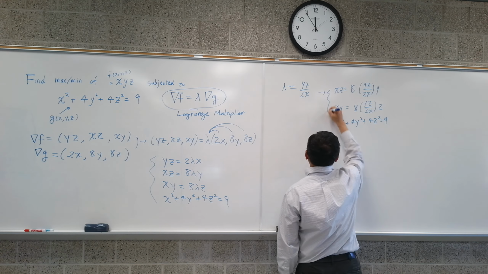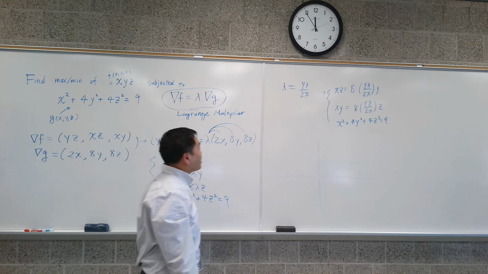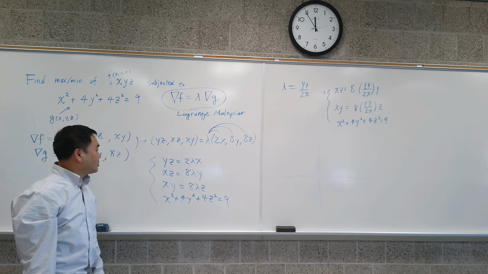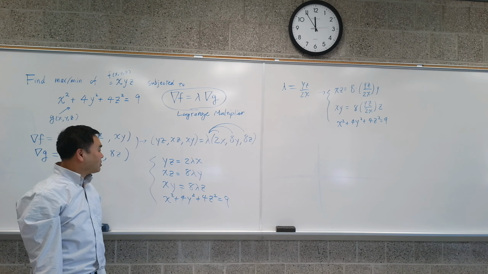However, you have to be careful here. We're assuming that x is non-zero. You can't divide by 2x unless you're sure that x is non-zero. So x equals 0 has to be considered separately. If x is 0, then at least one of y or z is 0.